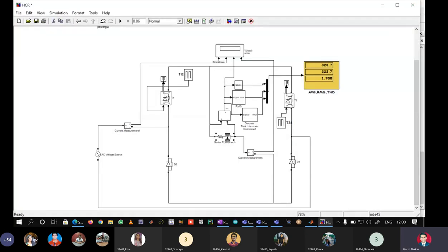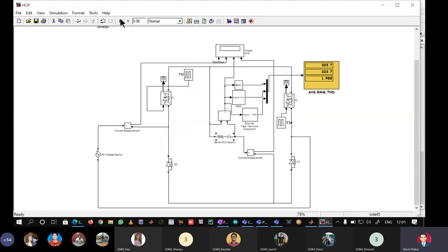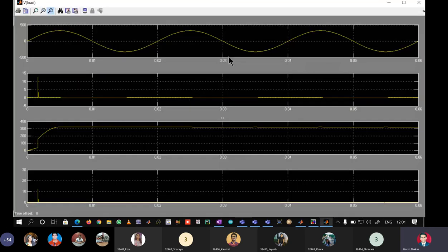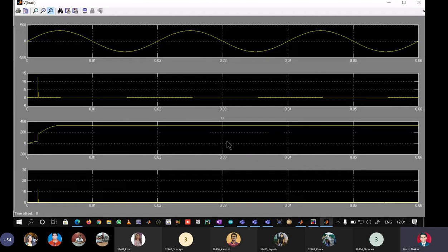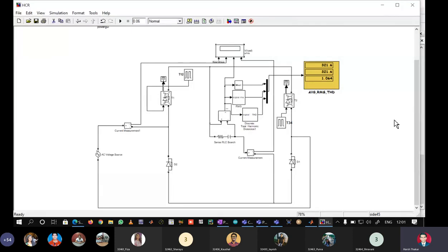Let me reduce the capacitance and make it 0.5 micro. No difference at all. Okay, just holding the voltage.